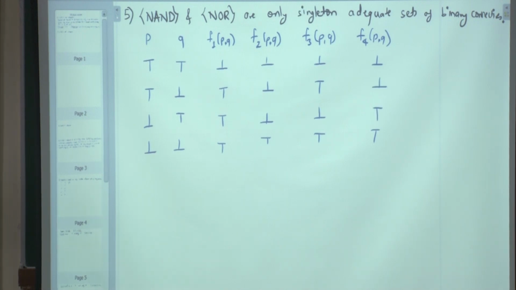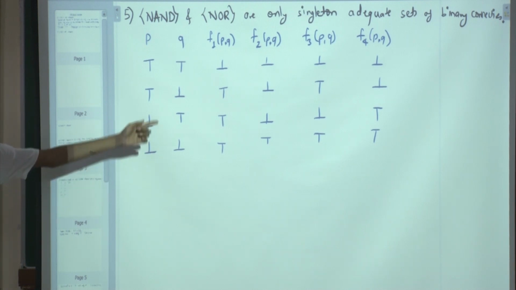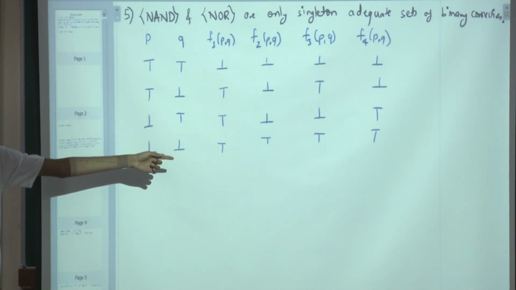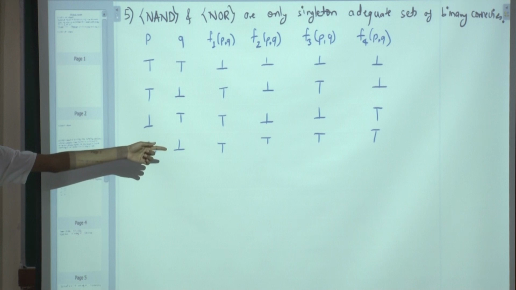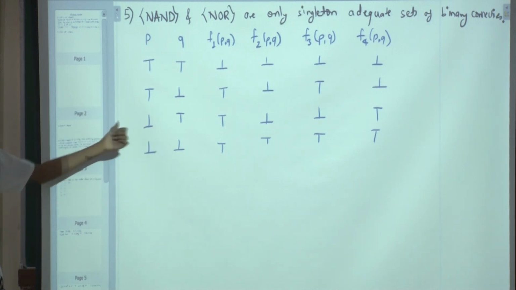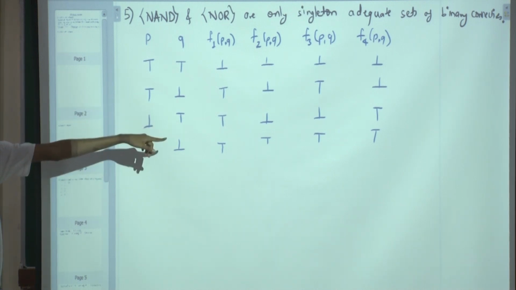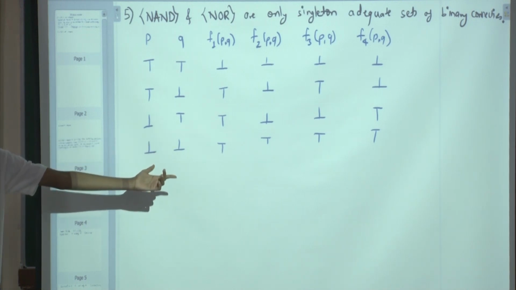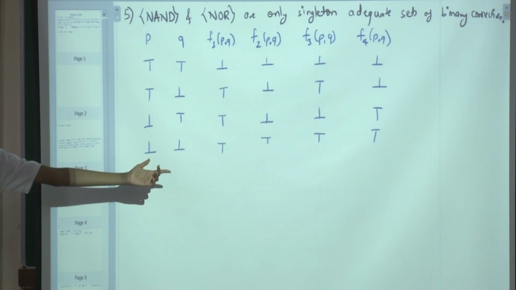Now, what is F1? I think F1 is NAND. F1 is NAND, F2 is NOR, F3 is negation Q, and F4 is negation P. And we have already shown that negations are not good choices.